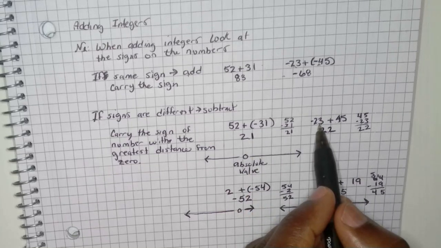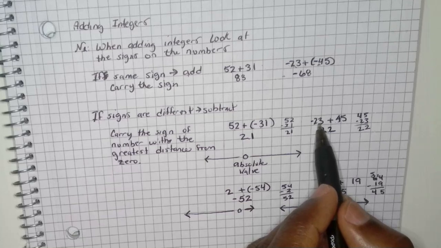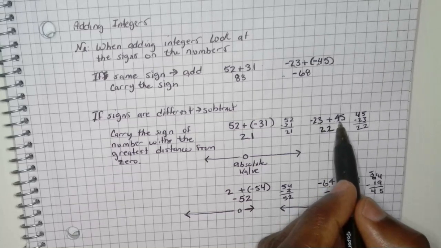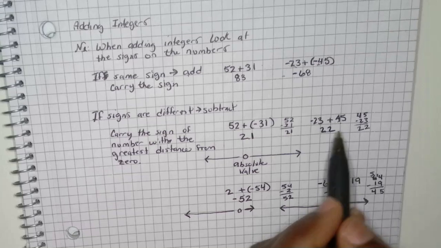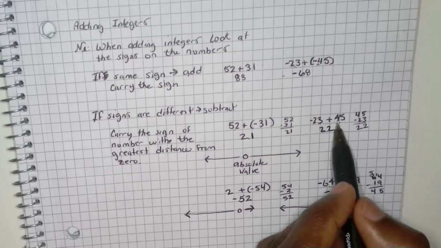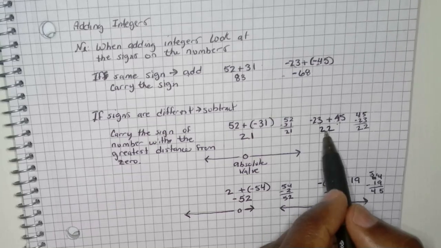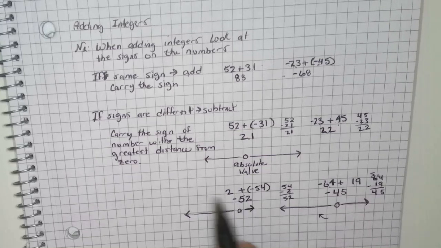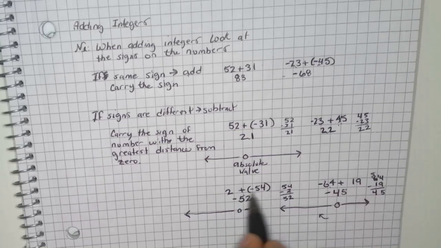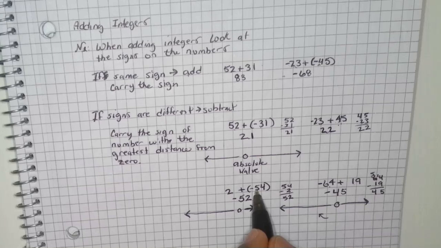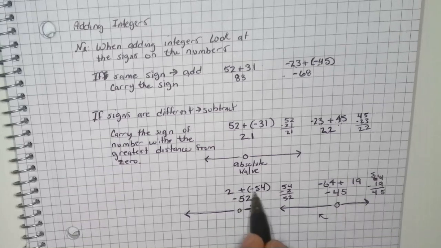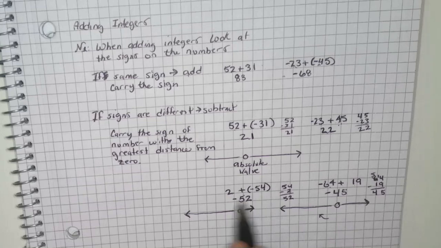Let's say that you lost $23, but you had $45. You're still in a positive because your positive amount is larger than your negative amount. Down here, you had a 2 and negative 54. If you got a $2 check but had to spend $52, you are short. You still owe money.